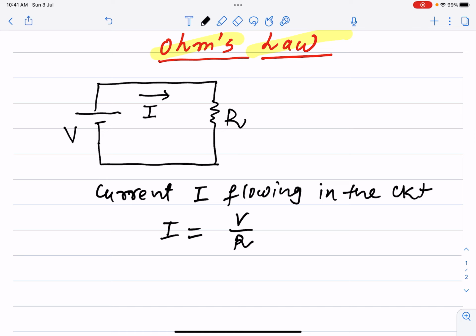So whenever we want to determine the value of the current flowing in the circuit, it can be determined by using this formula I is equal to V upon R.